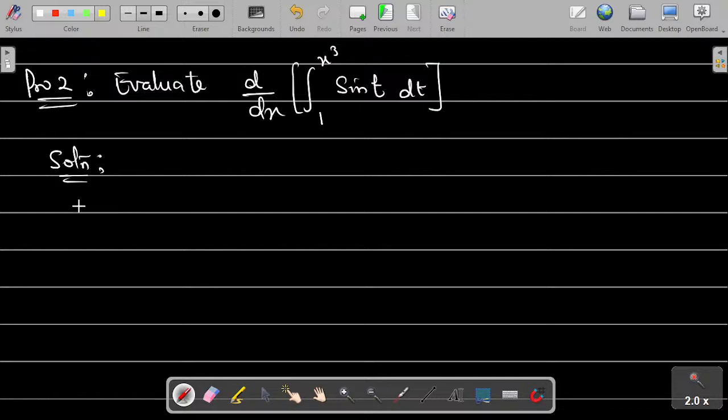The hint says we should let u be equal to x cubed. So we are giving this a name, we are calling it u. If we call it u, the hint says we should get du/dx, which is 3x squared. If you differentiate this, you will have that.